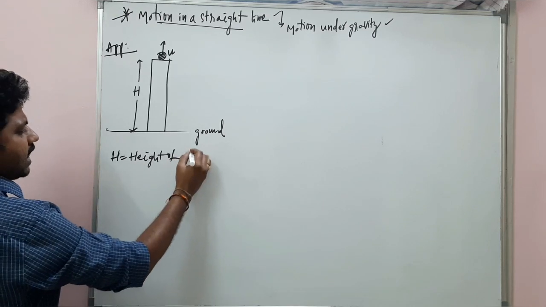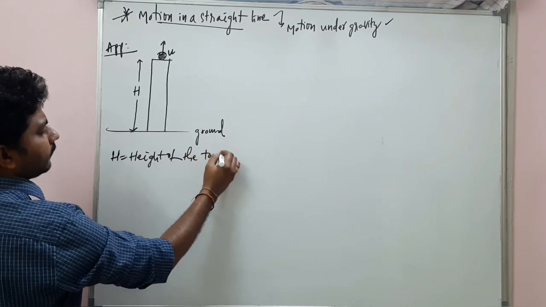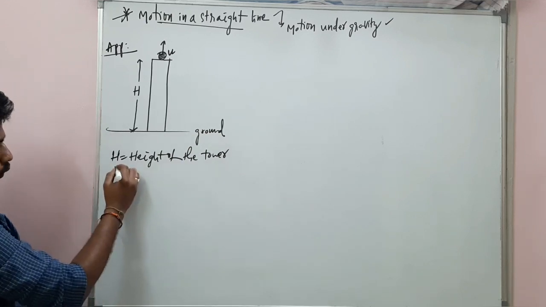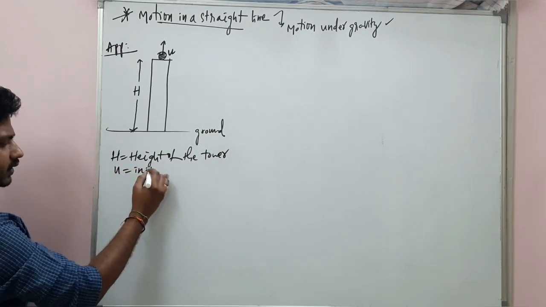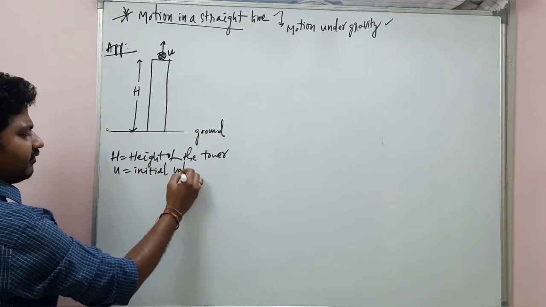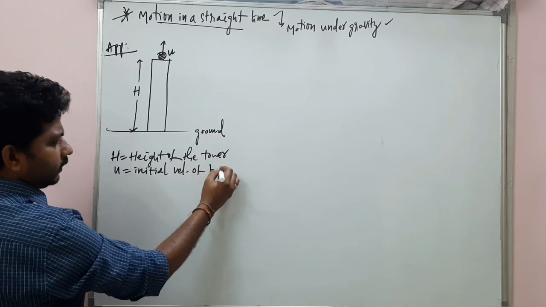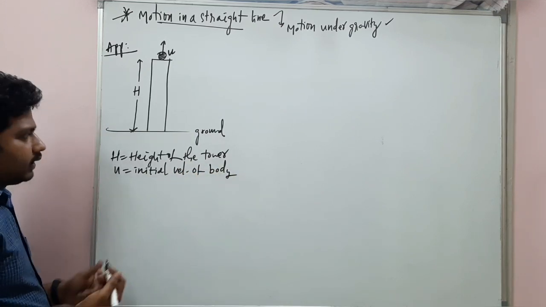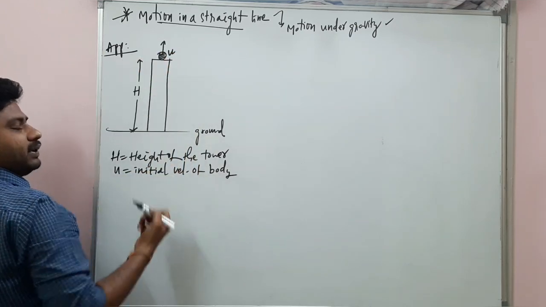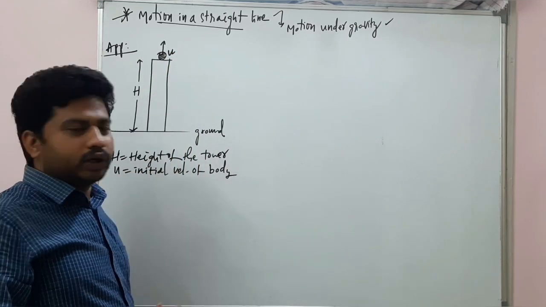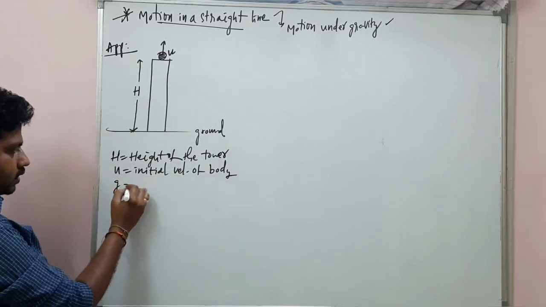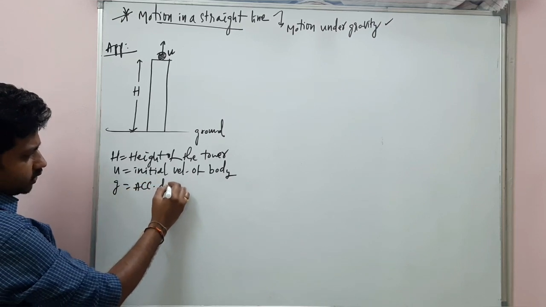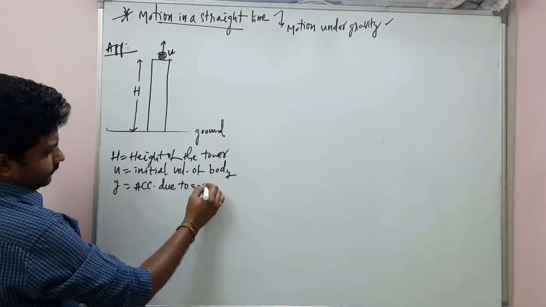So H is the height of the tower, then u is the initial velocity of the body. Let's see what happens here. It is a vertically projected body. So g is the acceleration due to gravity.